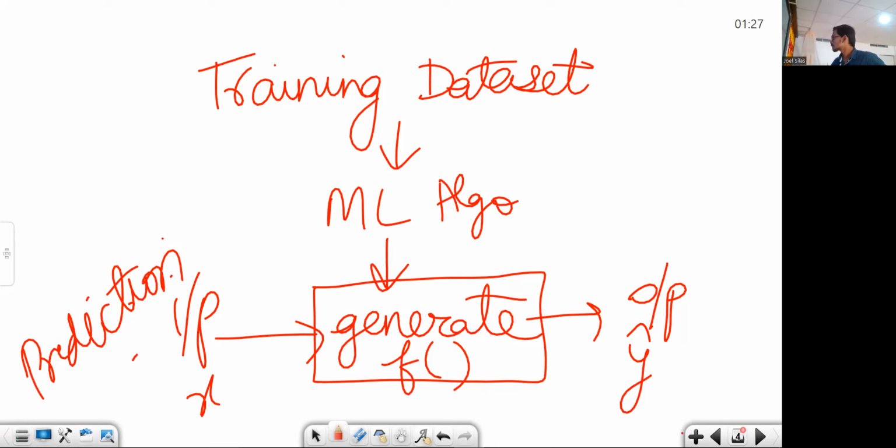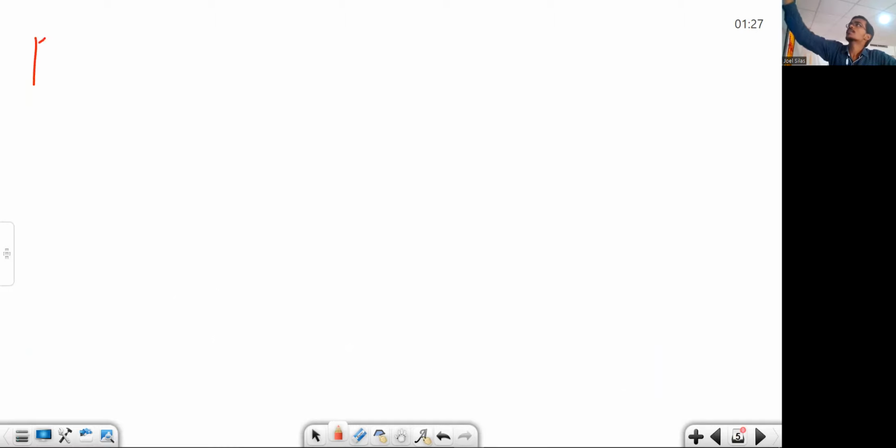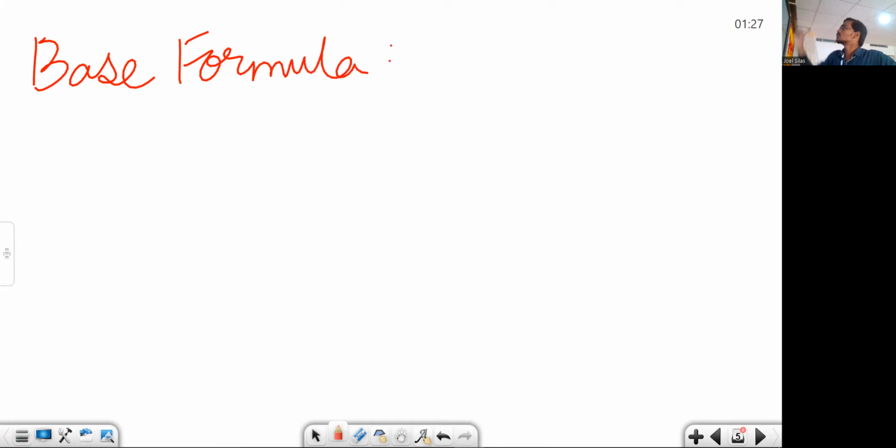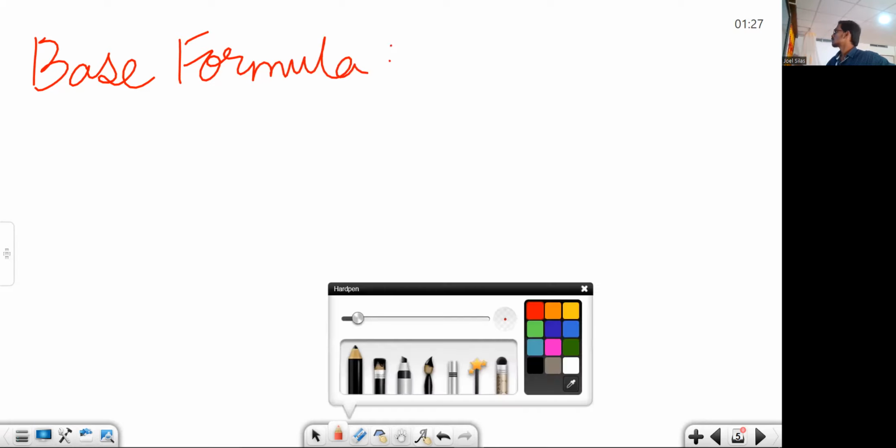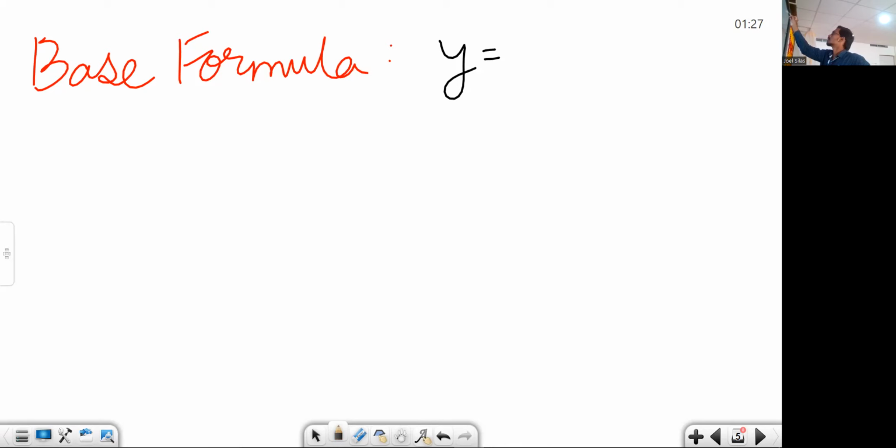Hence, we have seen that the base formula is nothing but y is equal to mx plus c.